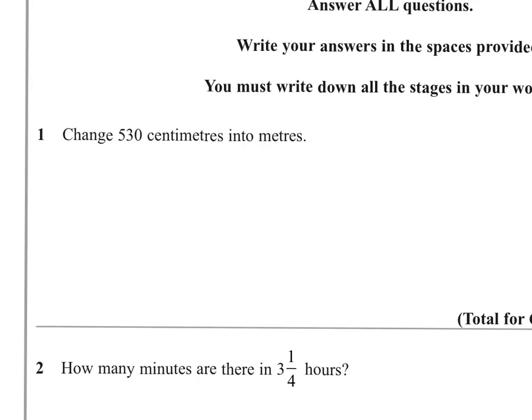Question 1 asks us to change 530 centimetres into metres. Well, if we look at the word centimetres here, this part means 1/100th of. So think about 1/100th of a metre, then you've got the idea of what a centimetre is.